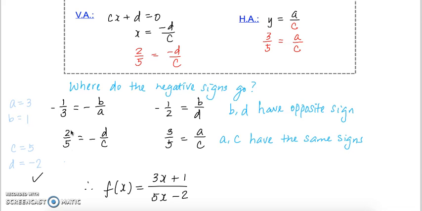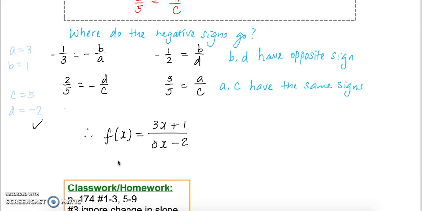It forces us to say that 2 must equal negative d, which makes d negative 2. So a and c have the same sign. Now, do b and d have opposite signs, like what we said earlier? They do have opposite signs. Therefore, we can conclude that the function f(x) should be (3x plus 1) over (5x minus 2).